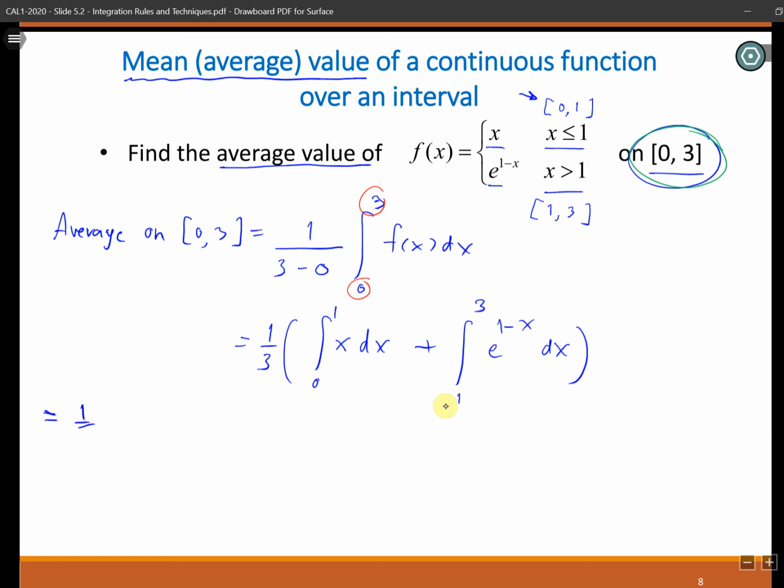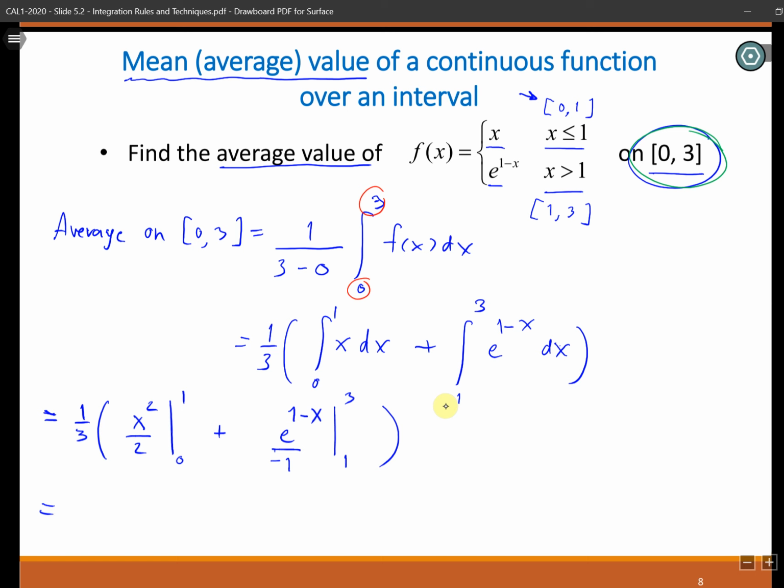1 over 3, the first term is going to be x squared over 2, and you have to evaluate that at 0 and 1, plus the integral of e to the power of 1 minus x. You are going to get the same thing, but if you keep it like this, a minus 1 shows up, but minus 1 is not in the original expression, so I get rid of that minus 1, and I have to evaluate at the 2 points, 1 and 3.